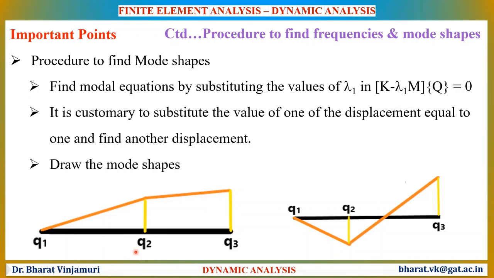The value of Q2 is what we will be calculating using the procedure, and simply the value of Q3 will be equal to 1. Thus, by using this customary assumption, we can understand how the effect of Q1, Q2, Q3 will be there in case of dynamic analysis.